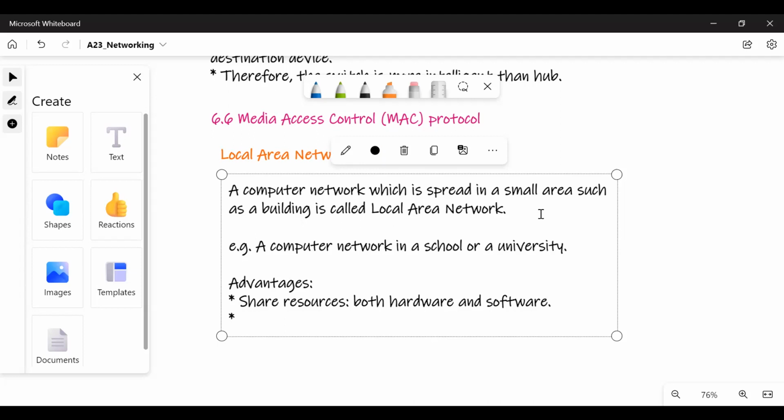You also get a very secure environment. Usually the security aspect we are not going to focus on a lot.